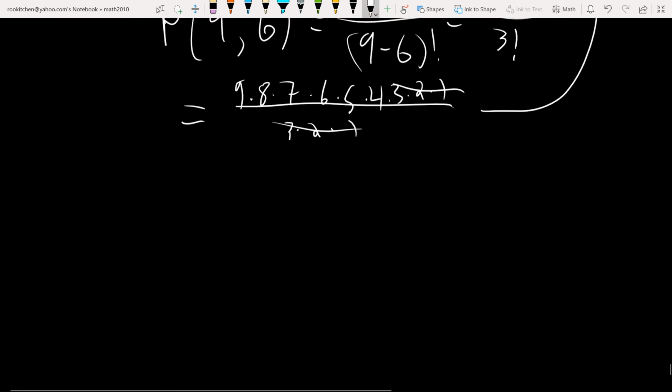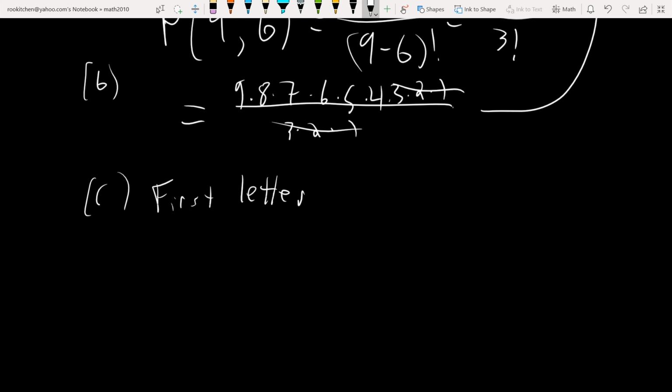Now you make some of the problems a little harder. That was part B in the book. Part C, they want to know the number of ways you can write it where the first letter is A. Basically the first task has been done for you: 1, 2, 3, 4, 5, 6. We're putting an A here, and there's only one way to do that.